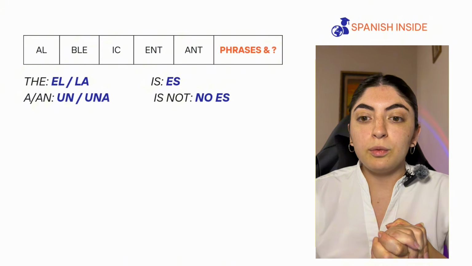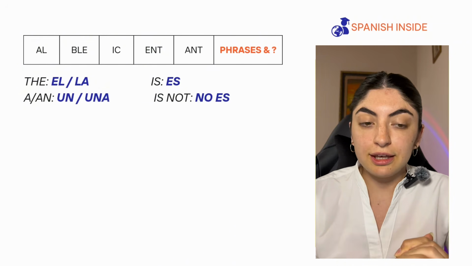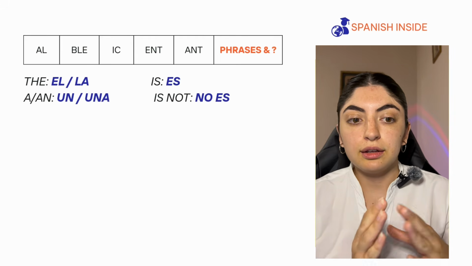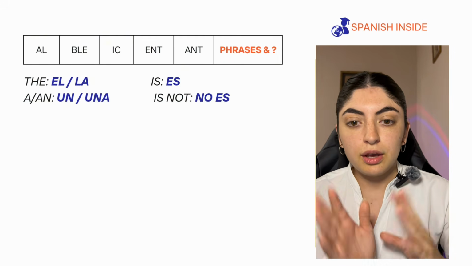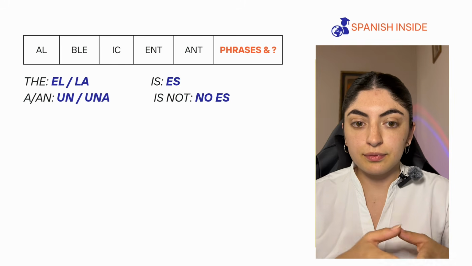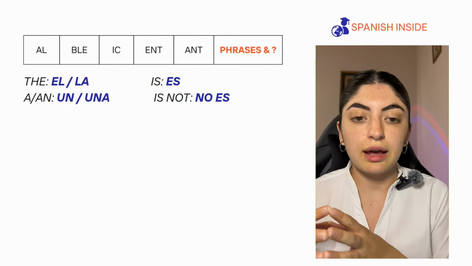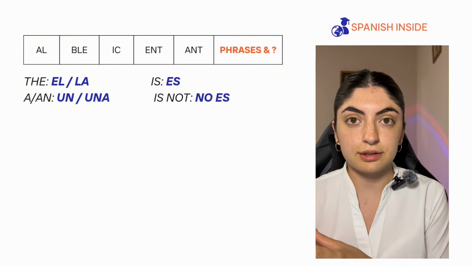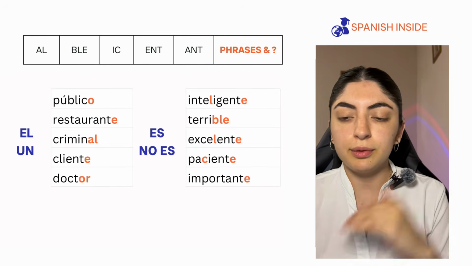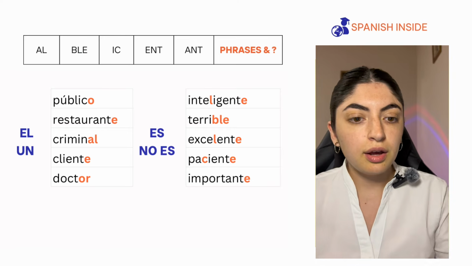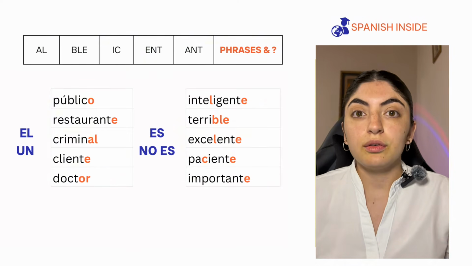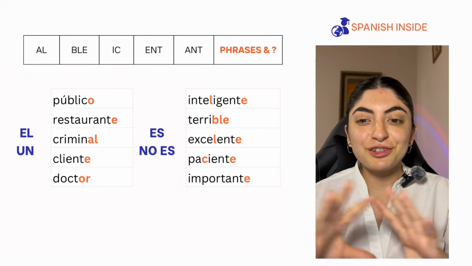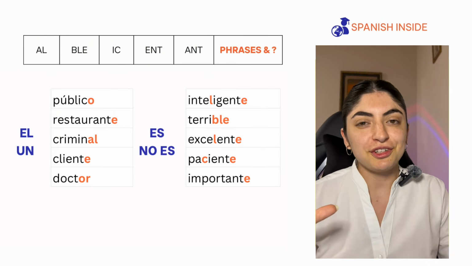Okay, we said before that the is el or la, a, an is un, una. Now we have is, which would be es in Spanish. Is not, no es. Let's bring some of the vocabulary we've learned before. Now, from this point on, it's all about using your imagination.